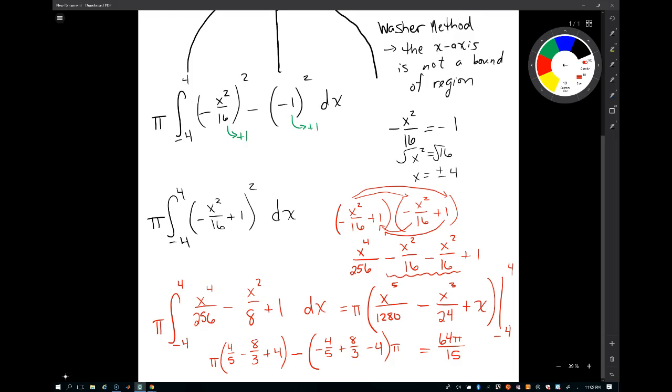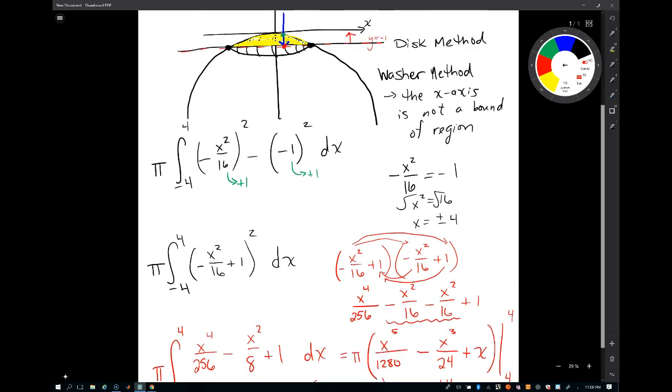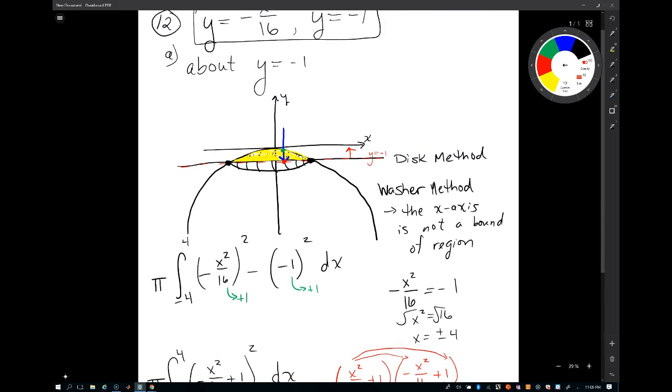So most likely, if you went wrong anywhere in here, it was really probably having to do with the fact that we've got this axis of revolution other than the x-axis. If it's a horizontal axis of revolution and you're going to do the disk method, the way that you fix this is by just shifting everything so that the axis of revolution that you're asked to do lines up with the x-axis.